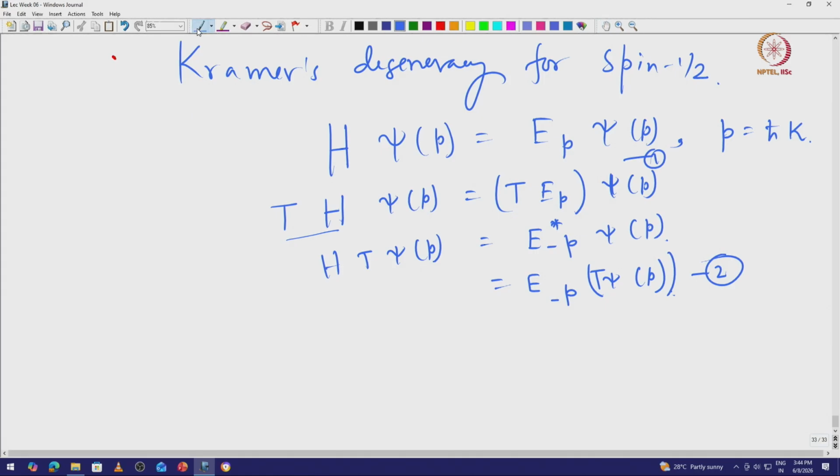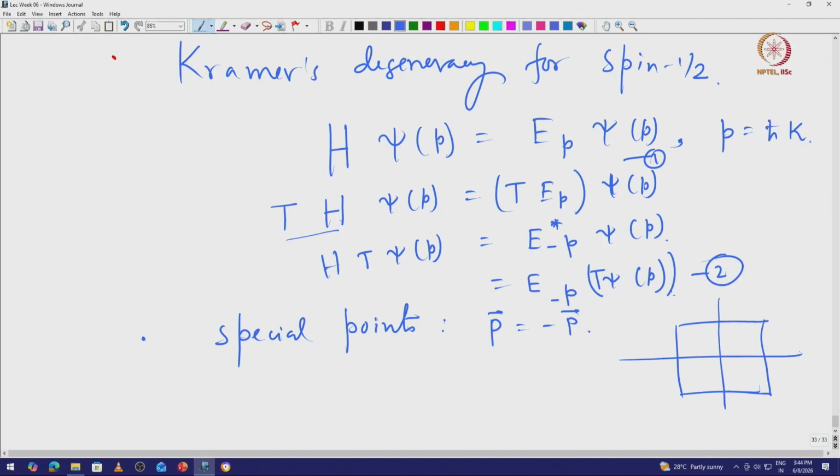But in the Brillouin zone there are special points where P is equal to minus P. Let us take a square lattice, Kx, Ky, and those points are the gamma point, k equal to 0 or P equal to 0, and also these points, these high symmetric points.